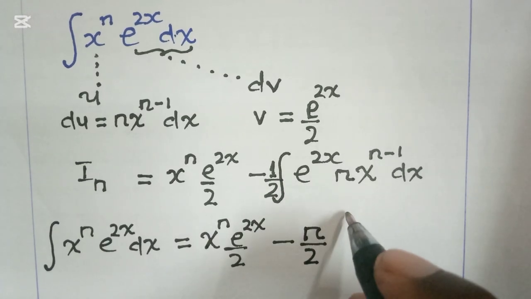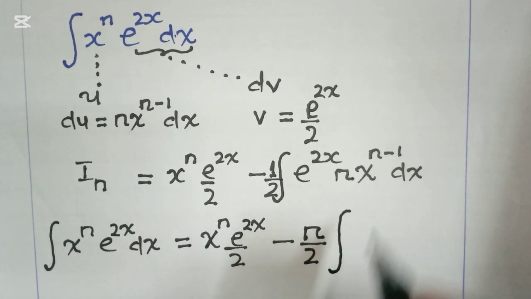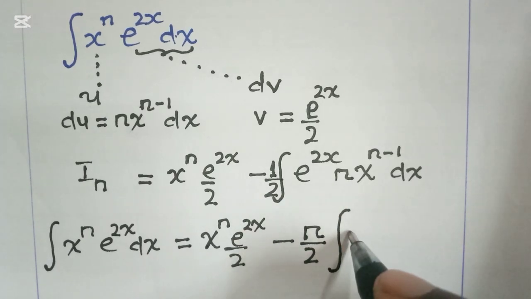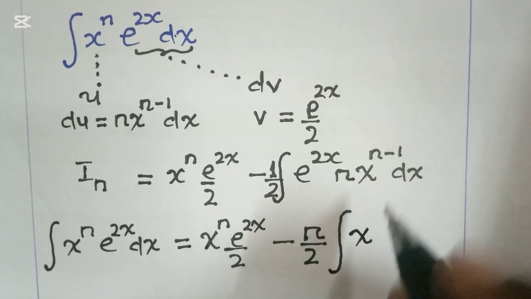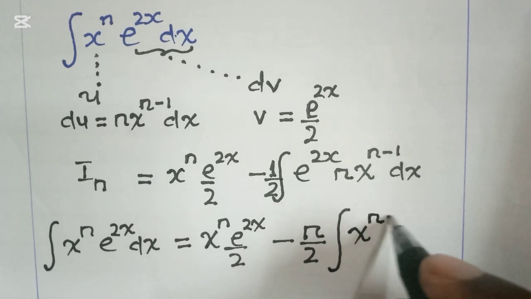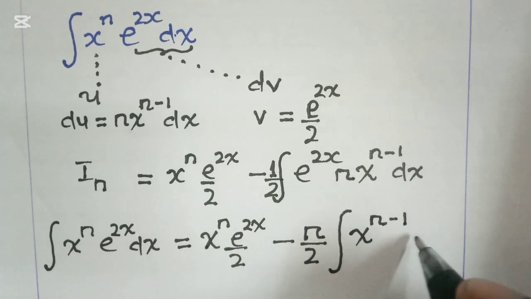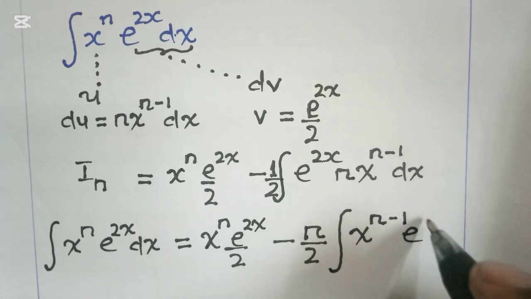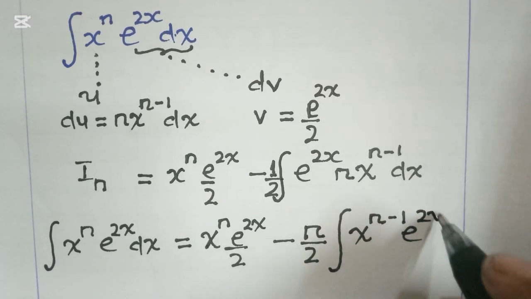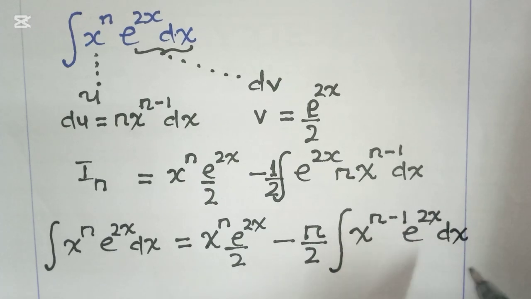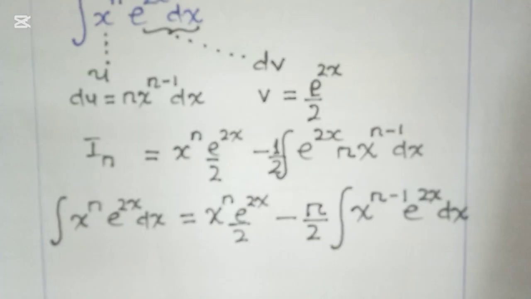And then here I'm left with x raised to n minus 1, and then I can write e raised to 2x, and finally I write dx, like that guys.